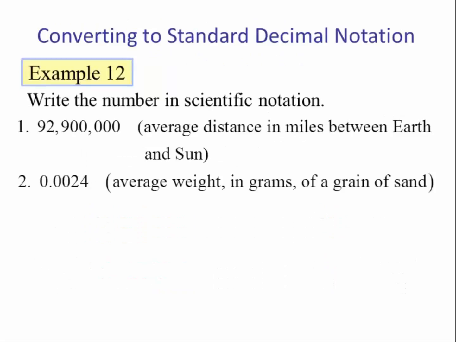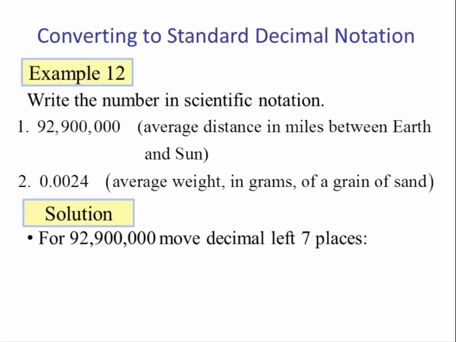Example 12. Write the numbers in scientific notation. 92,900,000. That's the average distance in miles between Earth and the Sun. Number 2, 0.0024. The average weight in grams of a grain of sand. Solution.